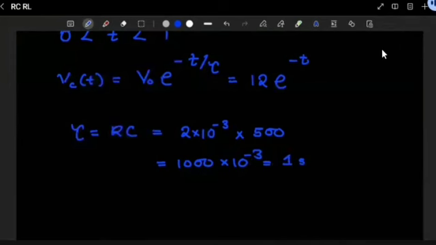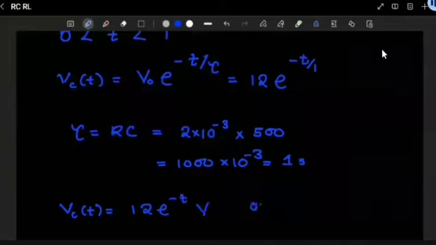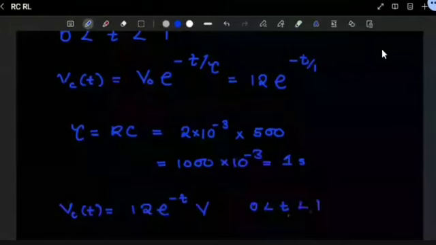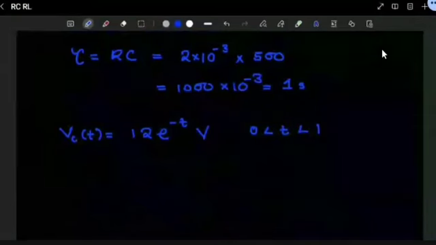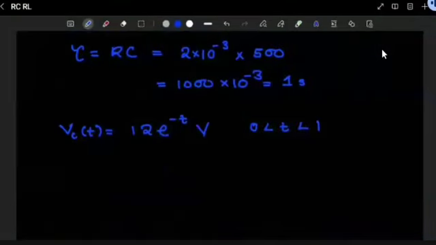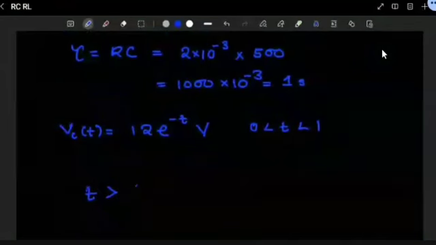Once we get the time constant, we can bring it here over 1, so that VC(t) will be equal to 4e to the minus t volts. But remember, this is for t in the range 0 to 1. It's not complete yet. We now move on to look at what happened for t greater than 1.